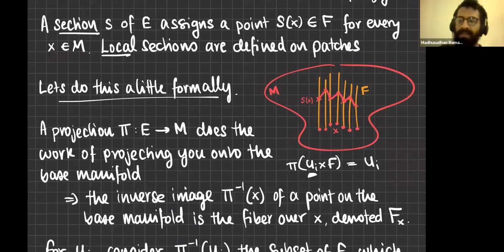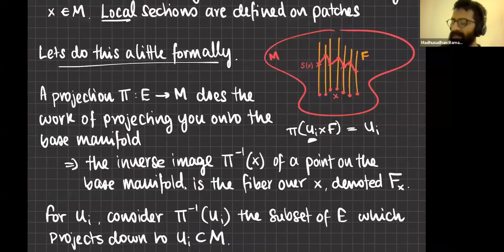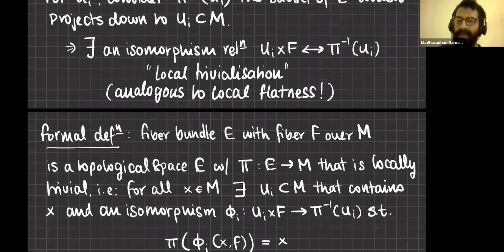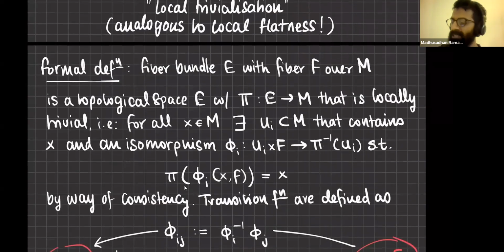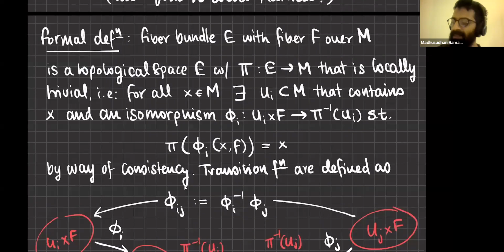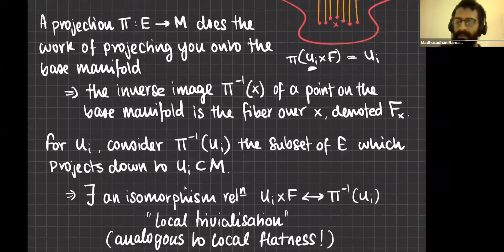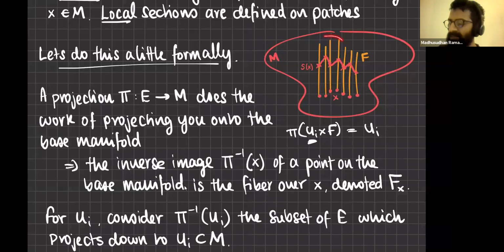So there's an important distinction between a section and a projection. A projection is a map that shoots downwards. Let's say there's this space over here. Any point on this fiber, all of those points are going to map down to X.